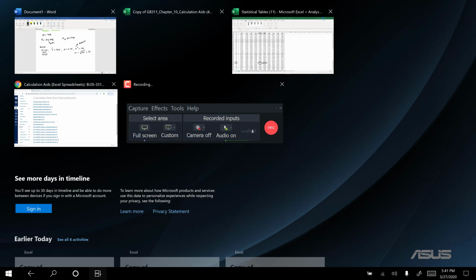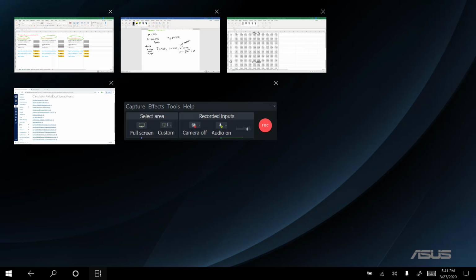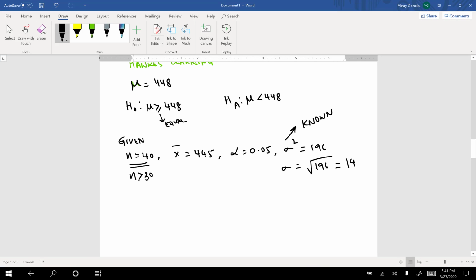So I will go here, and then we are looking for which case to use, whether case 1, case 2 or case 3. So I go and look for what hypothesis I wrote. So this one, the alternative is mu less than 448.